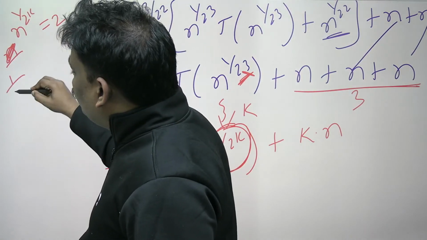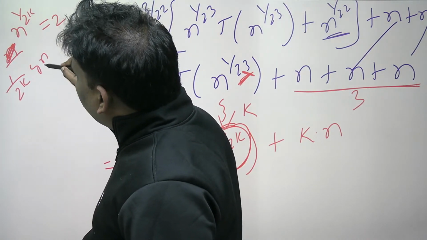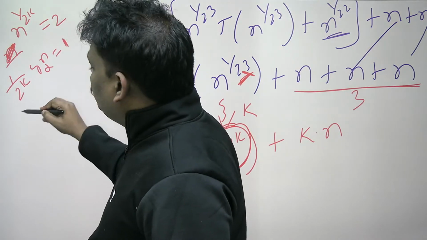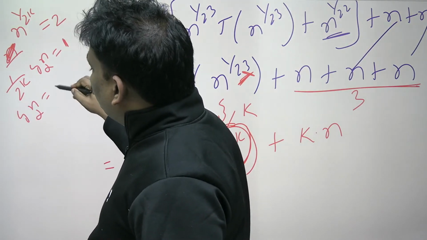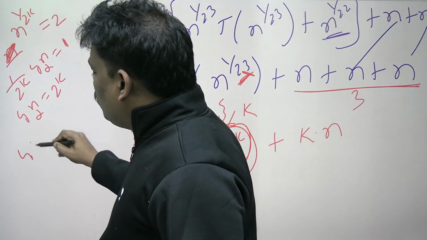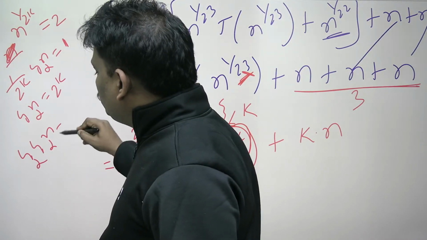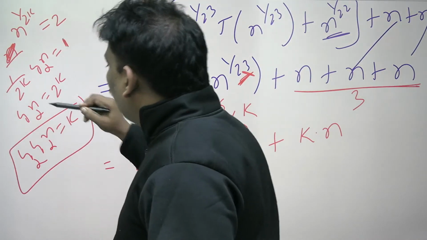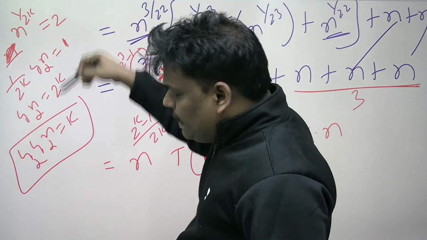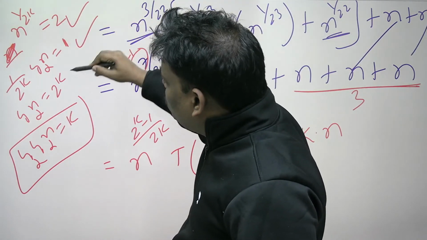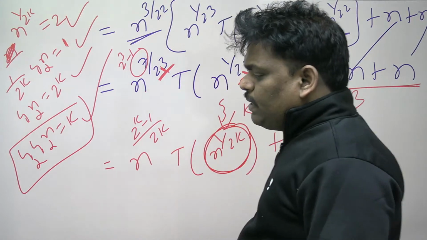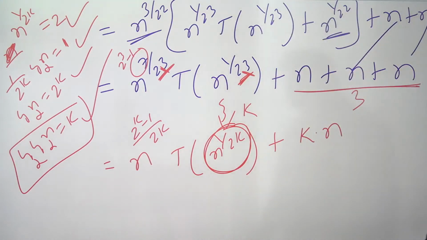Apply log. 1 by 2 power k, log n base 2 is equal to 1. Log n base 2 is equal to 2 power k. Log n base 2 is equal to k. K is log n. Remember, in the entire process, any one you can use, so that you can save your time.